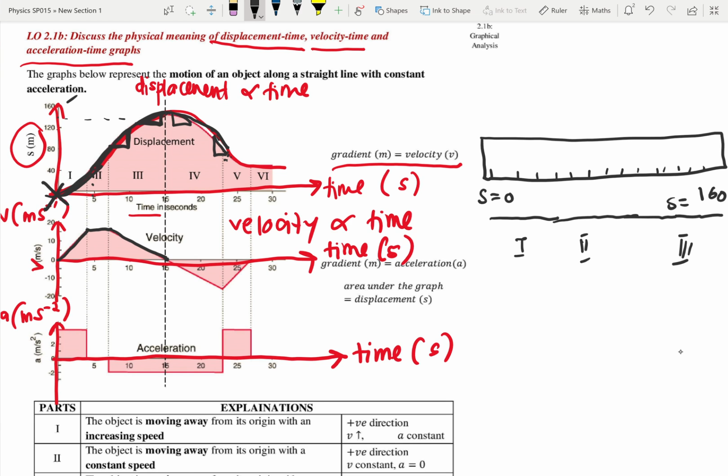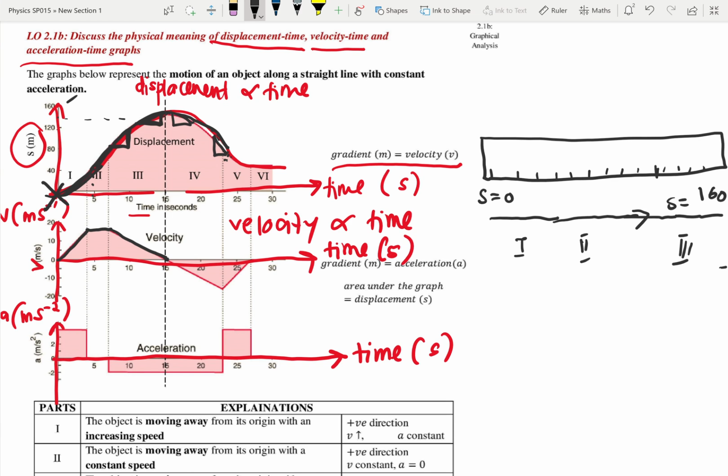It still moves to the 160 meter, for time t0 to time t 15 second. So the object moves to the right, right? And then after t 15 second, is it 15 or 16? 15, right? After t 15 second, the displacement decreases to 120.